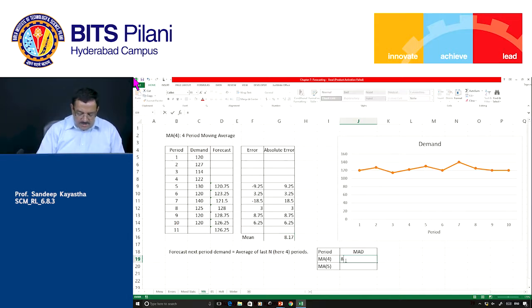So here we write 8.17. So had we used 4 period moving average, our mean absolute deviation would have been 8.17.